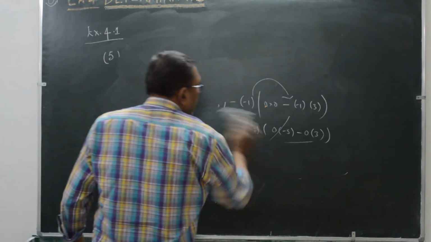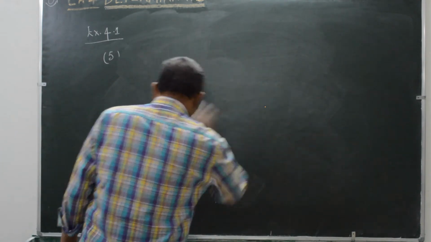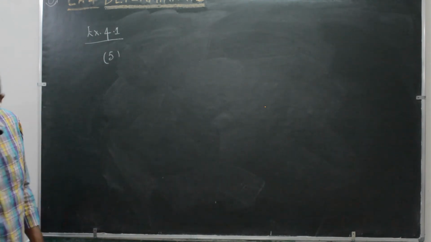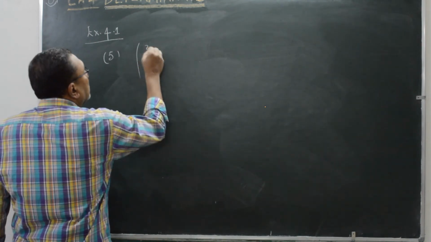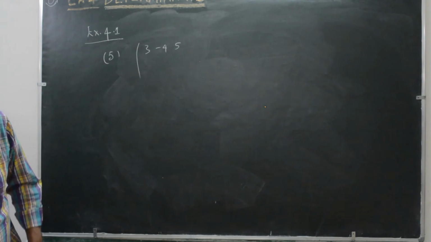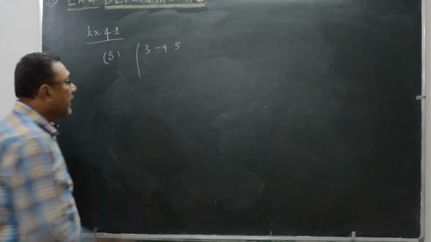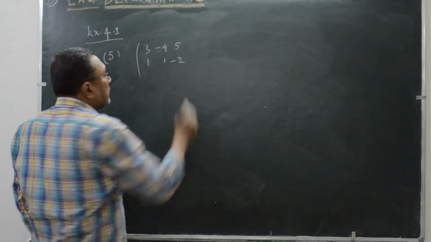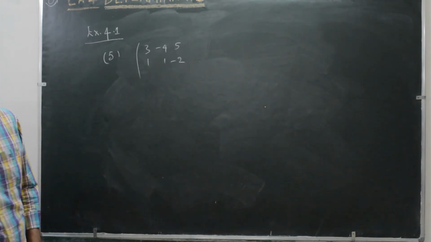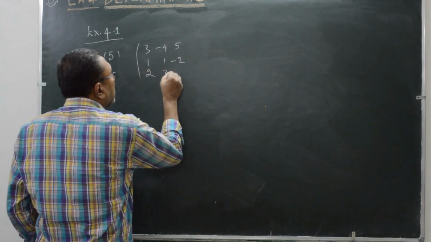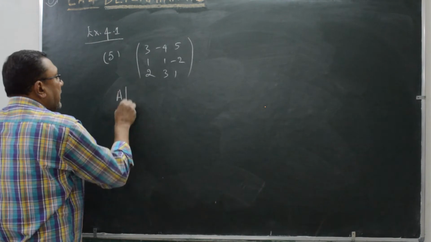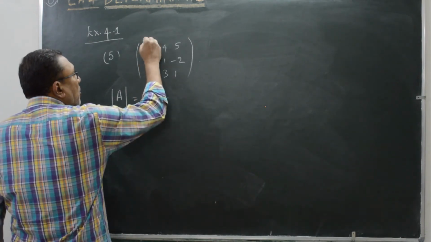Let us take the second sub question in the fifth main, which is 3, minus 4, 5 and 1, 1, minus 2, minus 2 and 2, minus 3, 2, 3, 1. So, the determinant value I will expand now just for your learning.